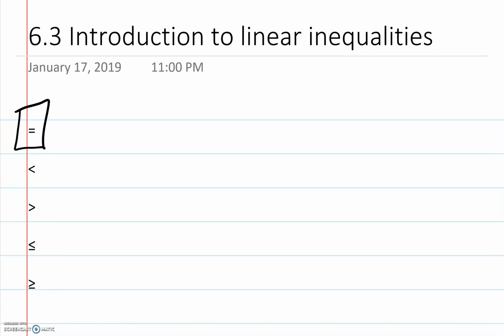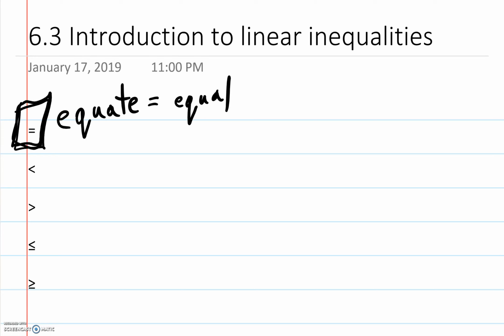The word equation means that things equate, or they are equal. So that's what this equal sign is really showing, that two sides of the equation equate to one another, or they're equal to one another.